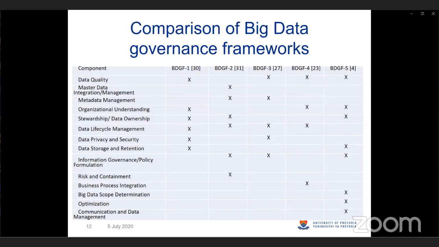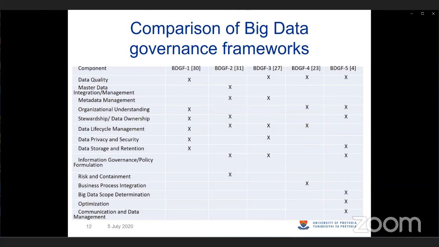Each of the 5 identified frameworks were compared and presented in the table on screen. The components of each of the frameworks are listed in each row of the table. These components are also referred to as characteristics.